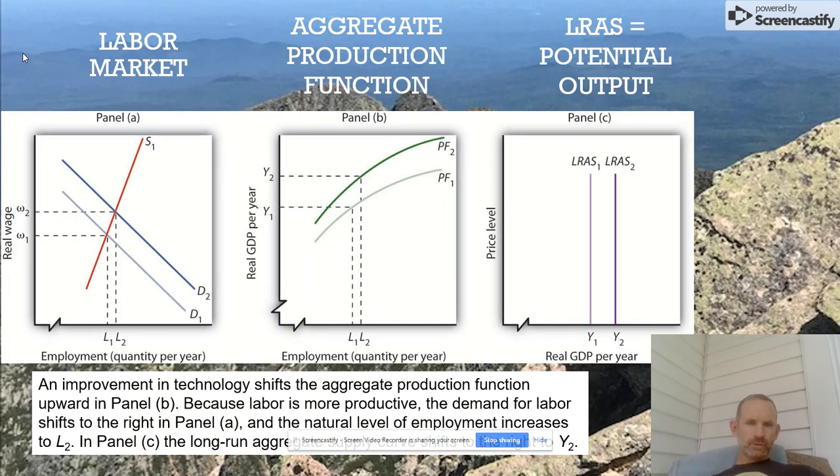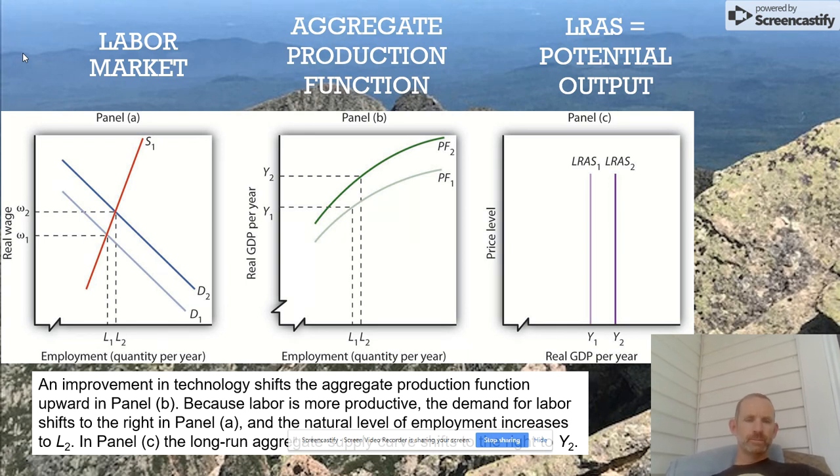Okay, this graph shows connections between three different things. So you have the labor market on the left, that aggregate production function in the middle, and long-run aggregate supply on the right. This is right out of chapter 9, but the example given is an improvement in technology. So if an improvement in technology, you look at panel B first, shifts the production function up, that makes labor more productive.